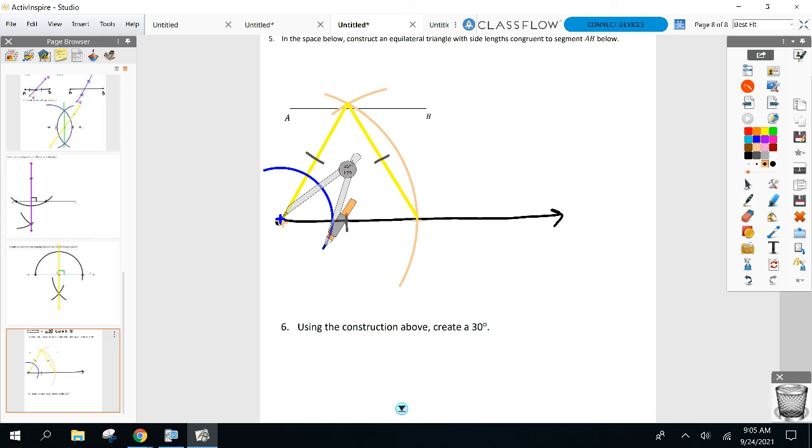Now move your compass to one of the points of intersection. This is the fireworks one. Move your compass point to one of the points of intersection. Make a smaller arc above that one.